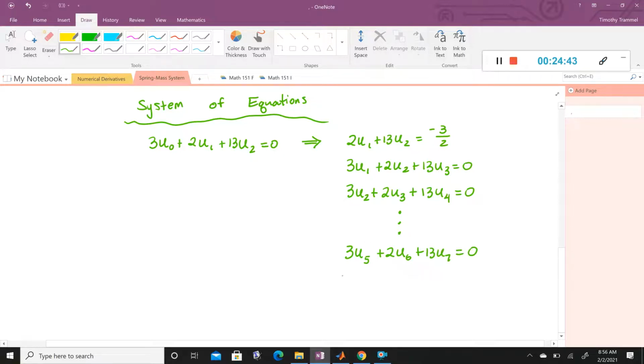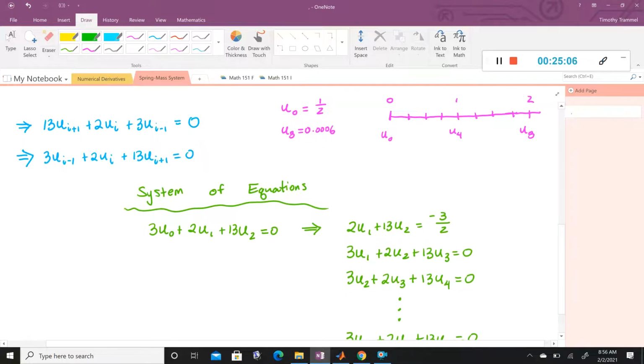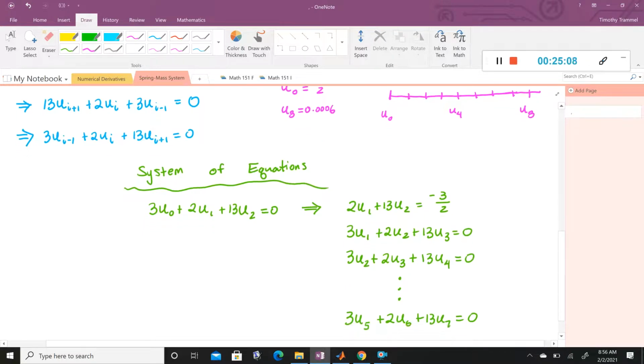And then finally, we'll have 3 u sub 6 plus 2 u sub 7 plus 13 u sub 8, and this is all equal to 0. But remember up here, we know u sub 8 is 0.0006.